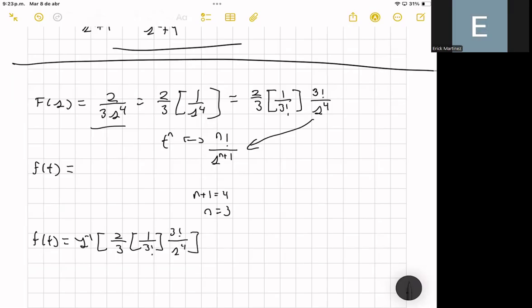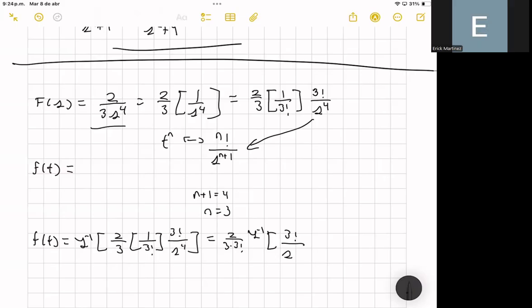Okay? Now we can take the constants out of the transformation. So we have 2 divided by 3 times 3 factorial times the inverse Laplace transform of 3 factorial divided by s elevated to the 4th power.